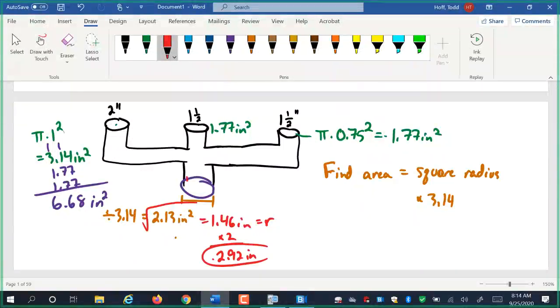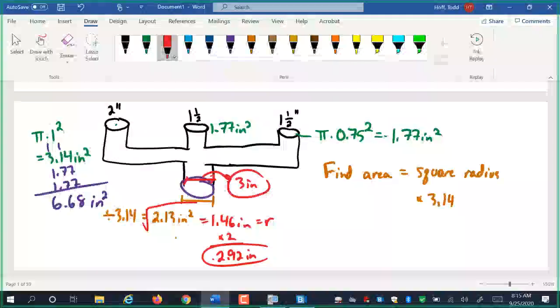So this needs to be a 3-inch diameter pipe to handle the inflow from all three outlets if it comes in at full flow. Now, in the actual plumbing industry, there's a percentage that you have to run a full flow. You don't have to assume that every inlet is coming at full flow, but you do have to be able to handle, I believe it's 70% of full flow at each juncture.